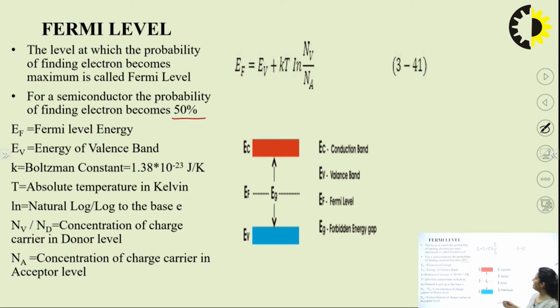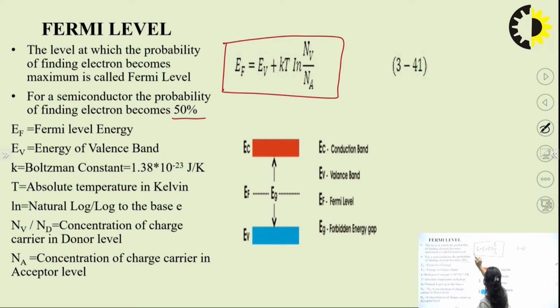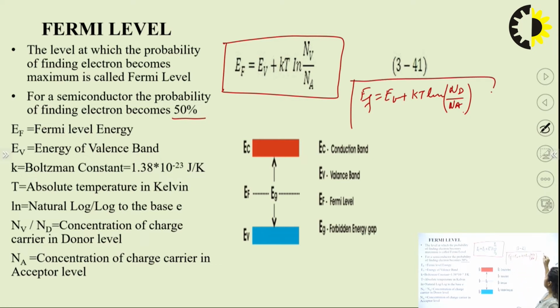So we have the relationship for the Fermi level: EF is equivalent to EV plus KT Ln Nd by Na. Nd is the donor type of impurity concentration, and Na is the acceptor charge concentration. So the Fermi level is defined this way.